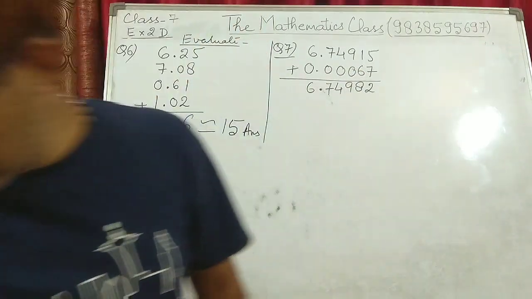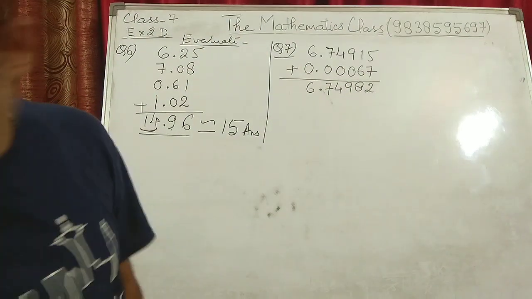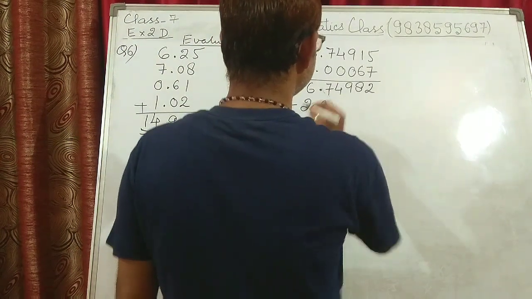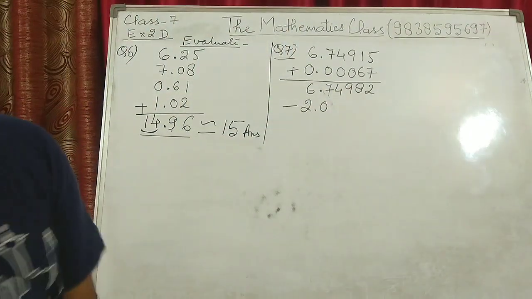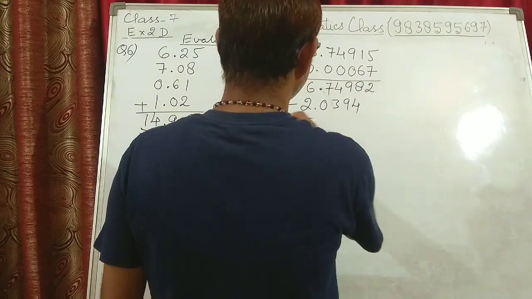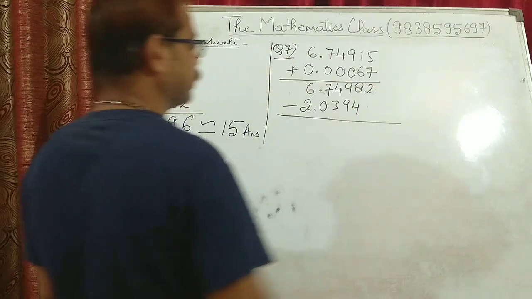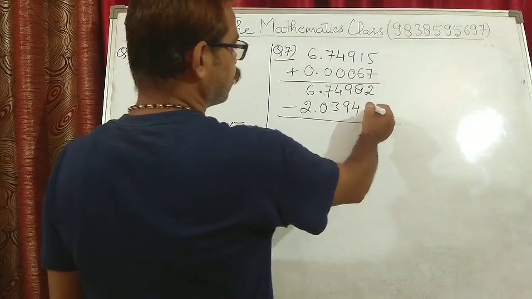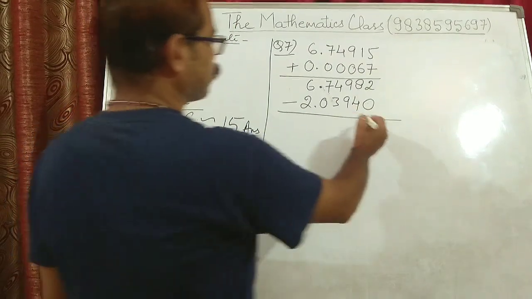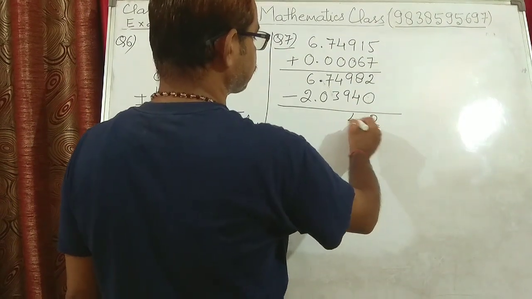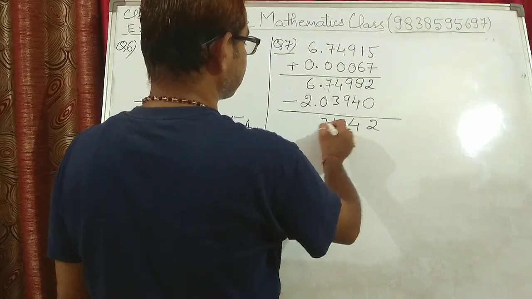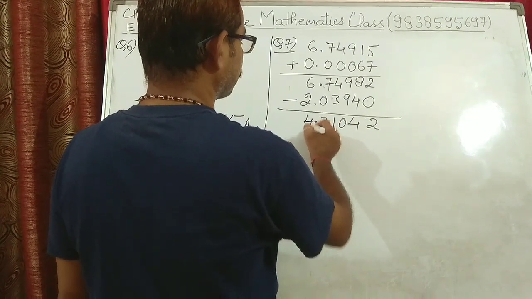Now you have to subtract 2.0394. Here there is no number, so you can place a 0. When we subtract, 2 minus 0 is 0, 8 minus 4 is 4, 9 minus 9 is 0, 4 minus 3 is 1, 7 minus 0 is 7, 6 minus 2 is 4.